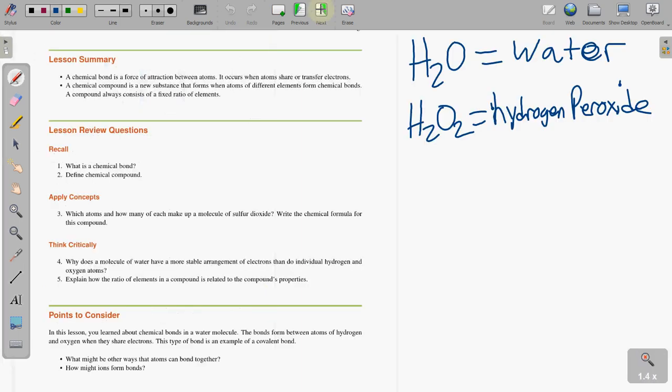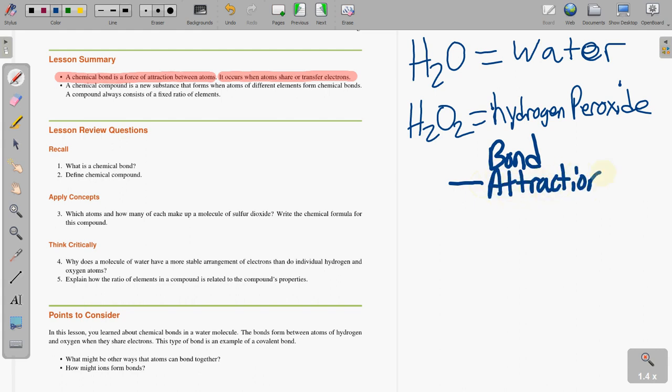A chemical bond is a force of attraction between atoms. Okay. It occurs when atoms share or transfer electrons. So if we were summarizing, we might say, all right, bonds involve attraction and they involve sharing or transferring electrons.